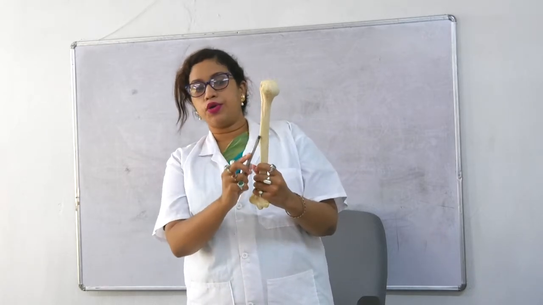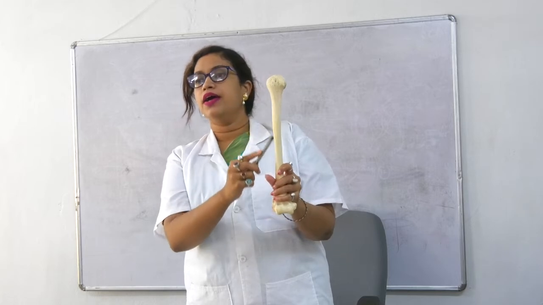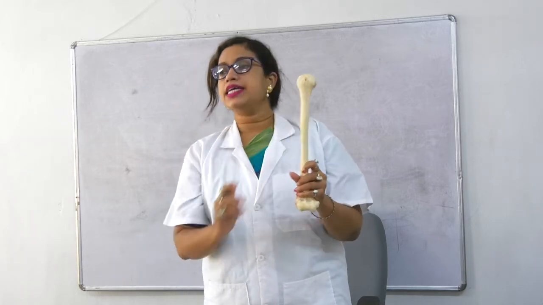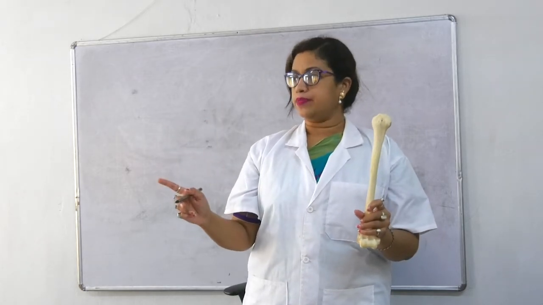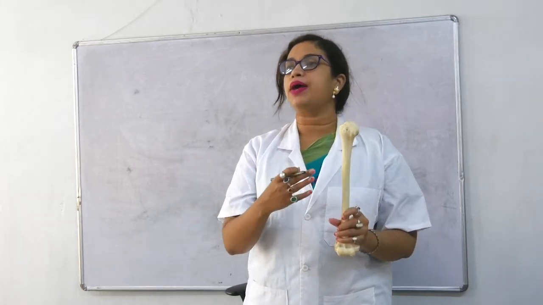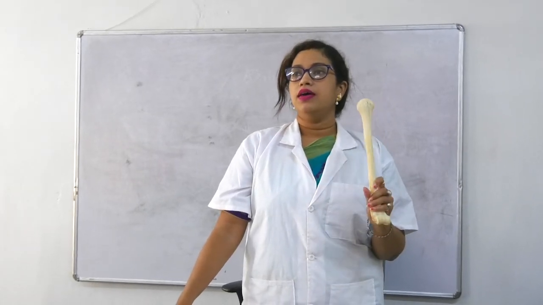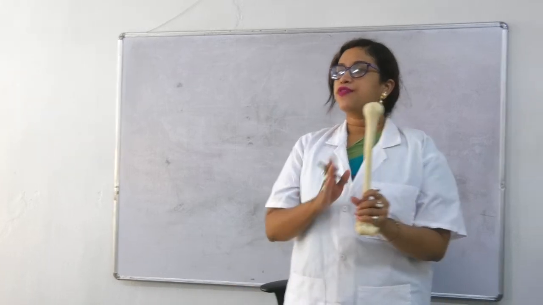This is the deltoid tuberosity, so just posterior to the deltoid tuberosity you have the radial groove. The origin of the lateral head is from the oblique ridge above the radial groove. So this is for the origin.